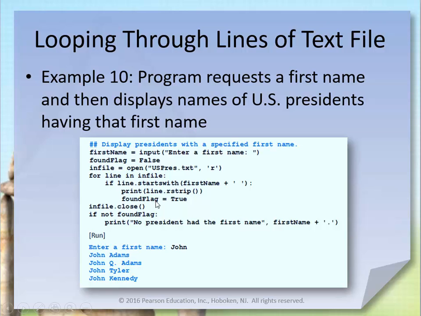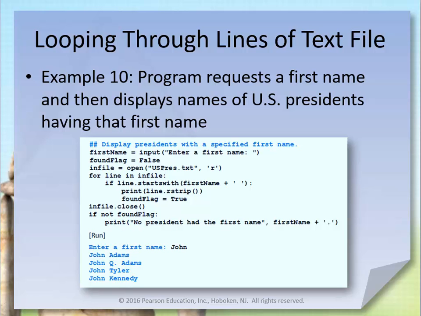Notice that assuming we found at least one match, then this will get set to true. If we loop through the whole file but we don't get any matches, then found flag is still going to be false. So when we close the file and we then make the statement, if not found flag, then we can print that no president had that first name that we input. So this is some reverse logic here.